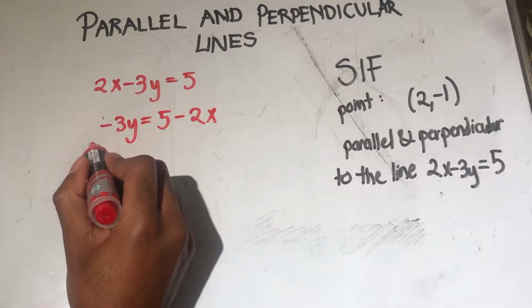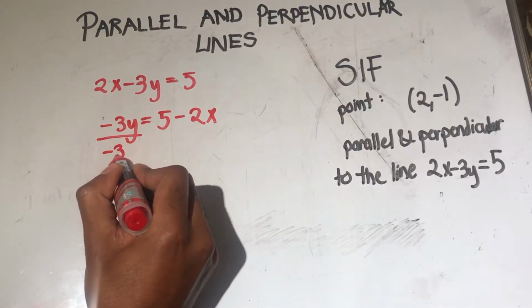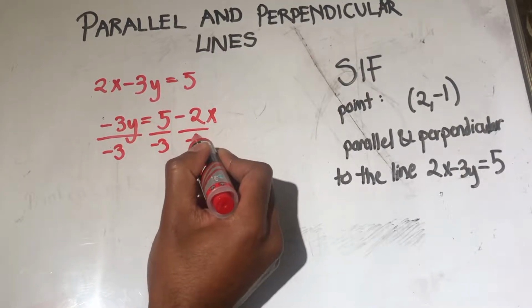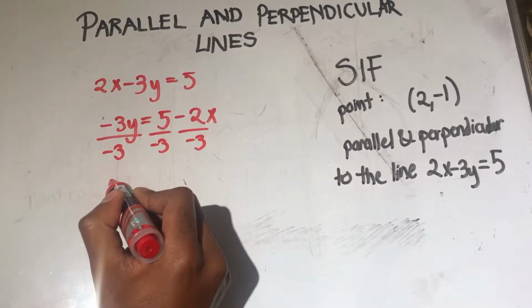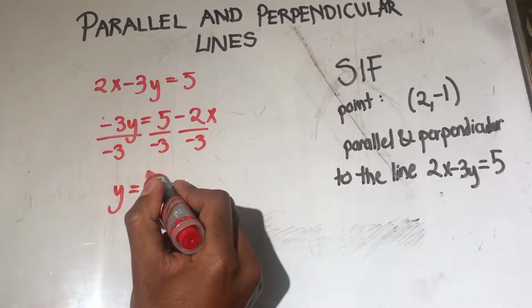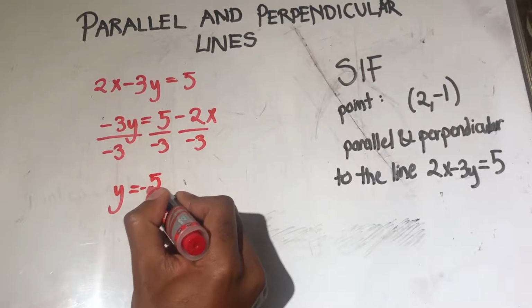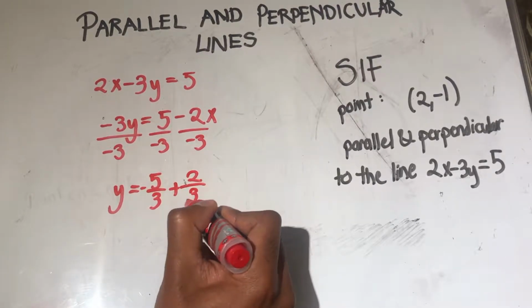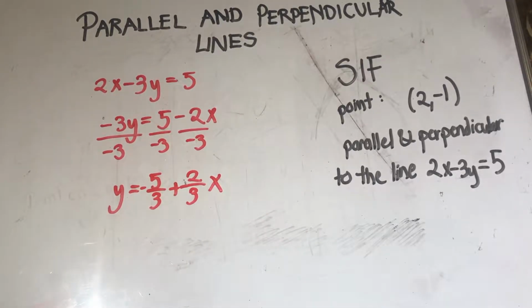Then we can divide each term by -3. And that's going to give us y equals -5/3 plus 2/3x. You can see that this equation has a slope of 2/3.